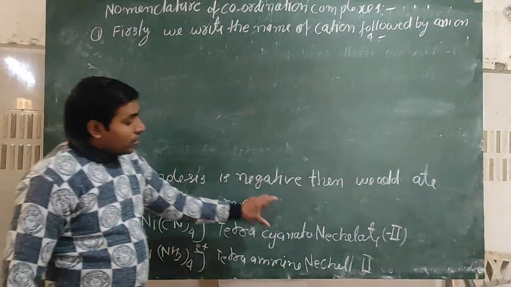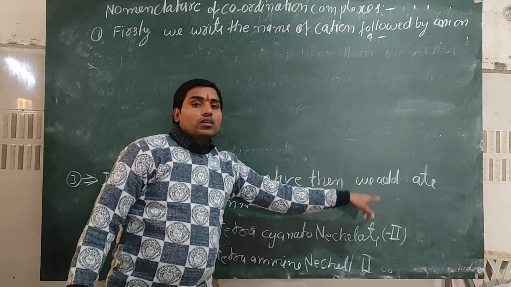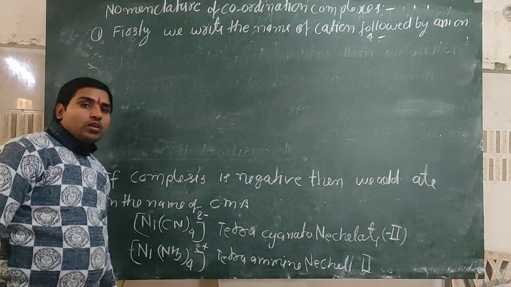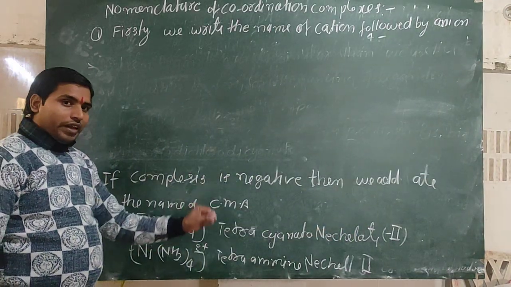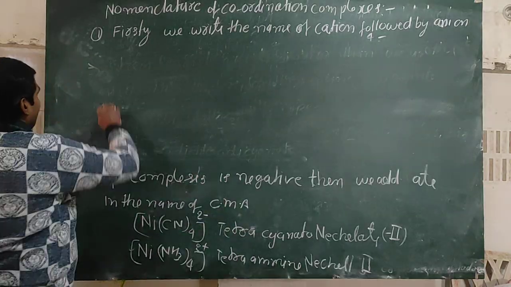The oxidation state is always written in Roman numerals like I, II, III, IV, etc.